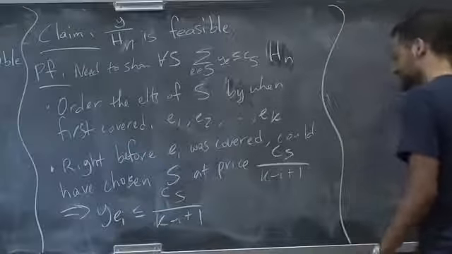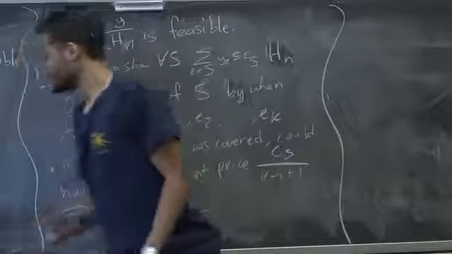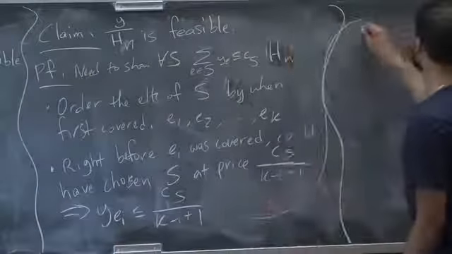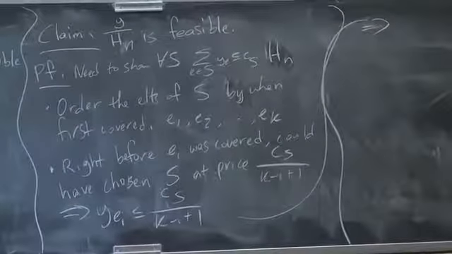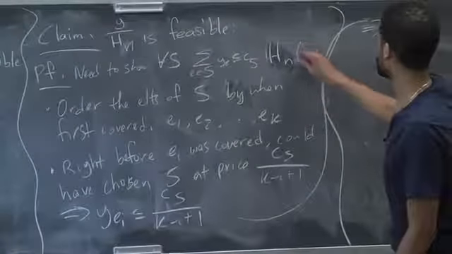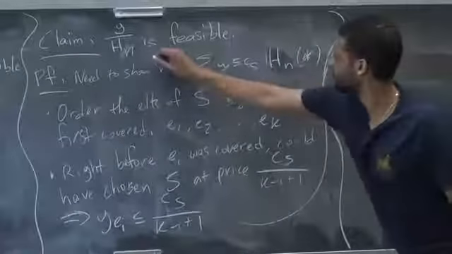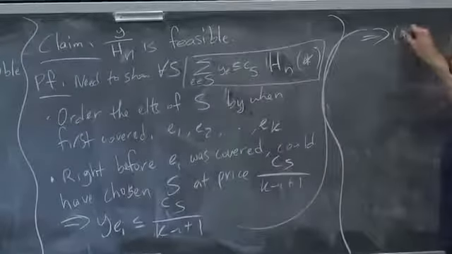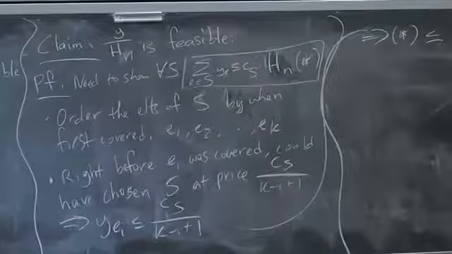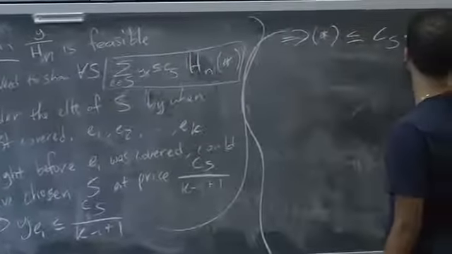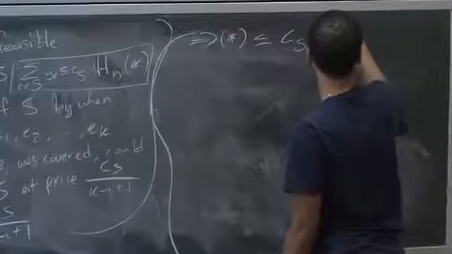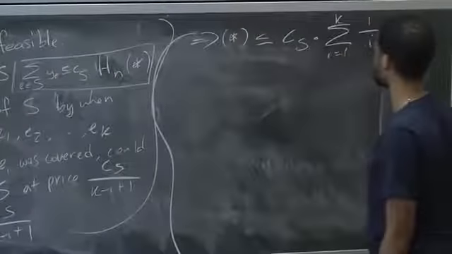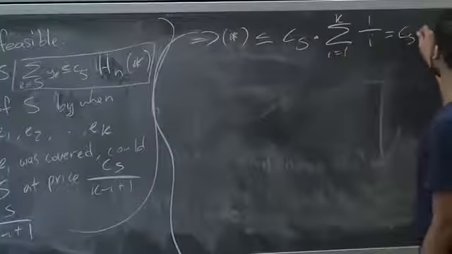Whoops, I just lost one. So this implies that this summation right here, that star, is at most c_S times the sum from i equals 1 to k of 1 over i, which is exactly c_S times H_k.